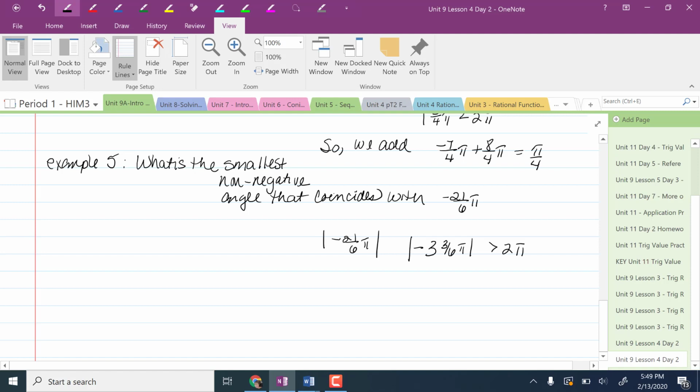So we take our negative 7/2 pi, I'll just reduce that fraction, and add it to 2 pi's. And we end up with pi over 2.